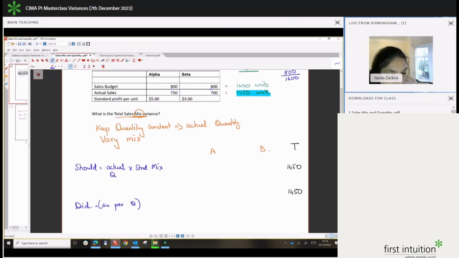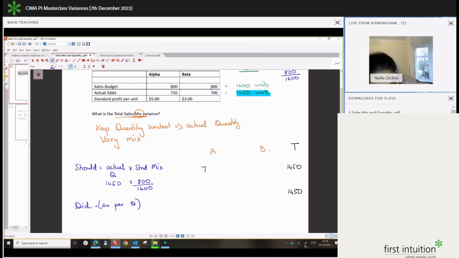So 1,450 into 800 divided by 1,600. This is your standard mix, 1:1.